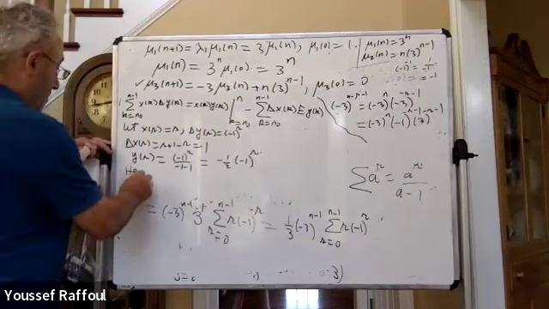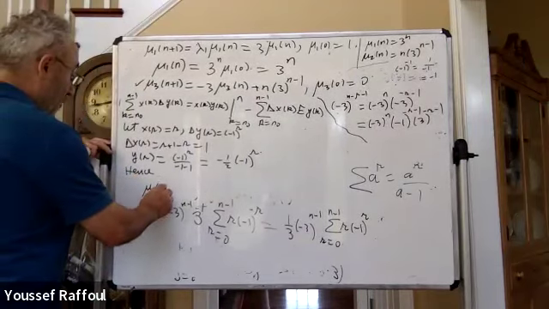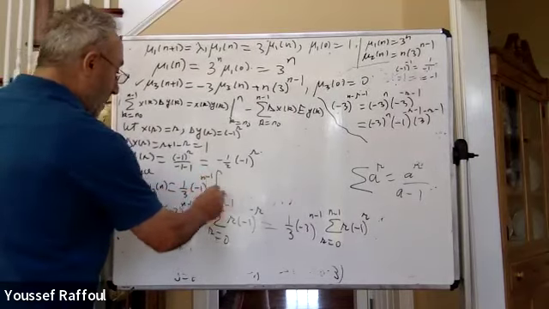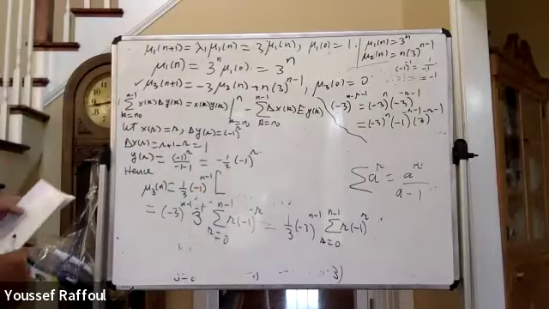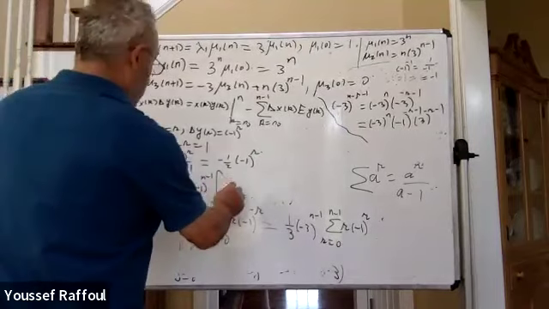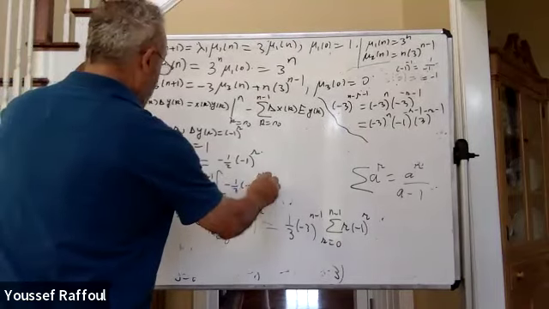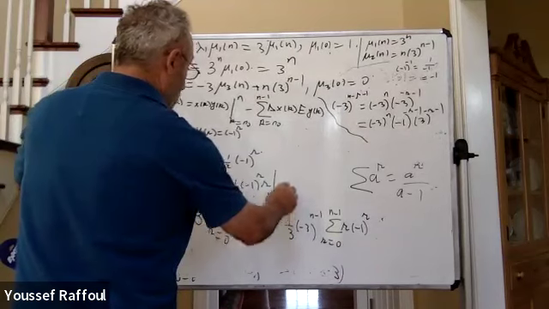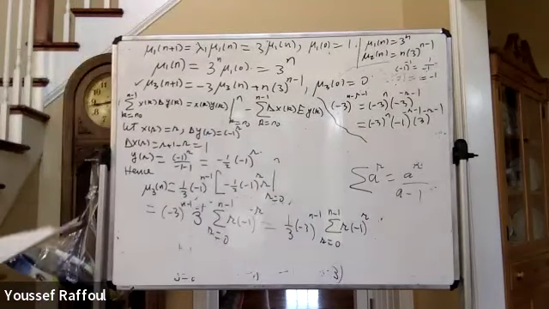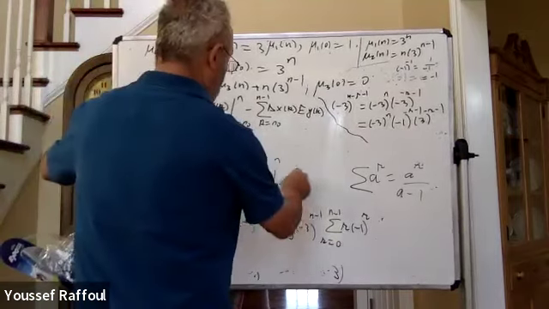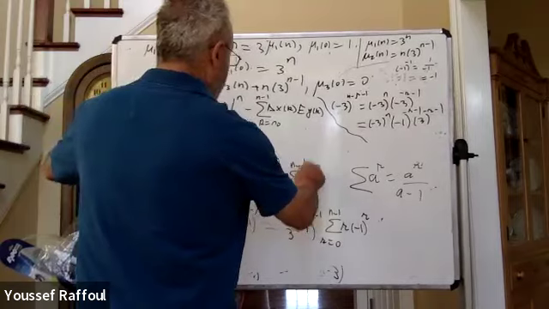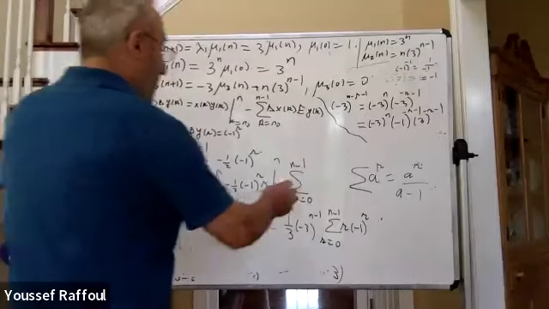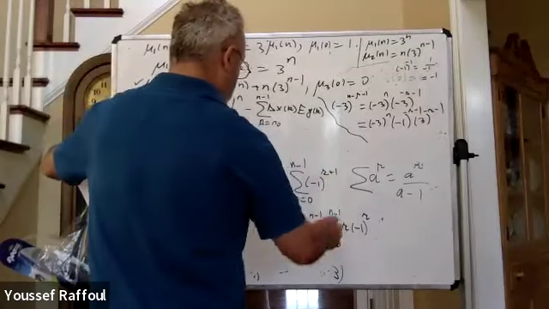So, hence, μ3(n) is equal to 1/3 times −3^(n−1) times [x_r y_r, which will be −1/2 times (−1)^r times r, from r equals 0 to n, minus the sum from r equals 0 to n−1 of Δx_k, which is 1, times E y_k, which is −1/2 times (−1)^(r+1)].